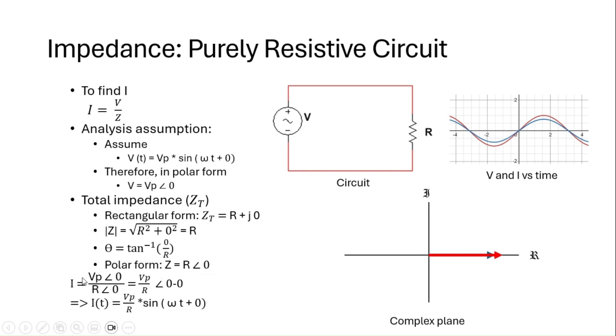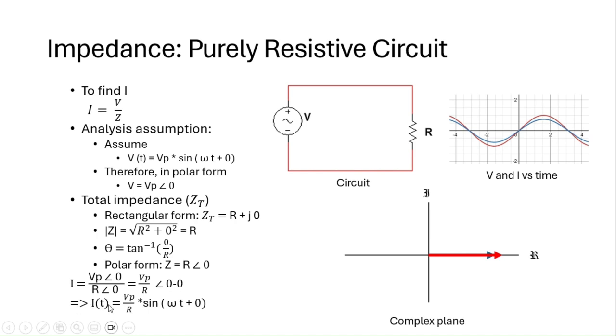And if we do our calculations to figure out what the current would be, we end up with V peak with an angle of 0 divided by R with an angle of 0. If we remember how to do our math in polar form, we divide these two: V peak divided by R, with an angle of 0 minus 0.